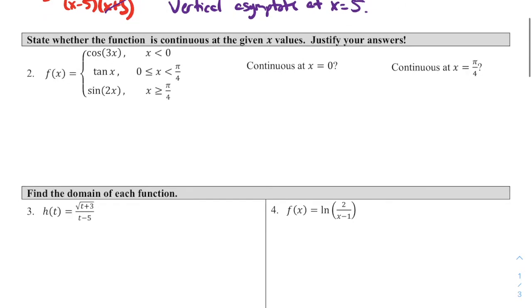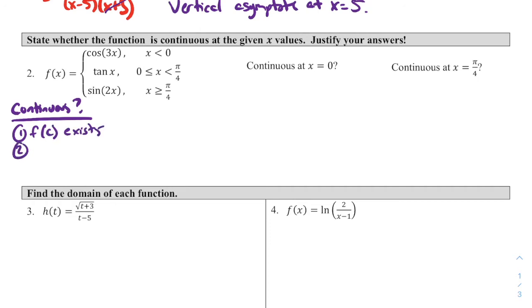Number 2, state whether the function is continuous at the given x values. Justify your answers. So just a reminder, this is a key piece. We know that if a function is going to be continuous, we need to check 3 things. We need to know that f of c exists.